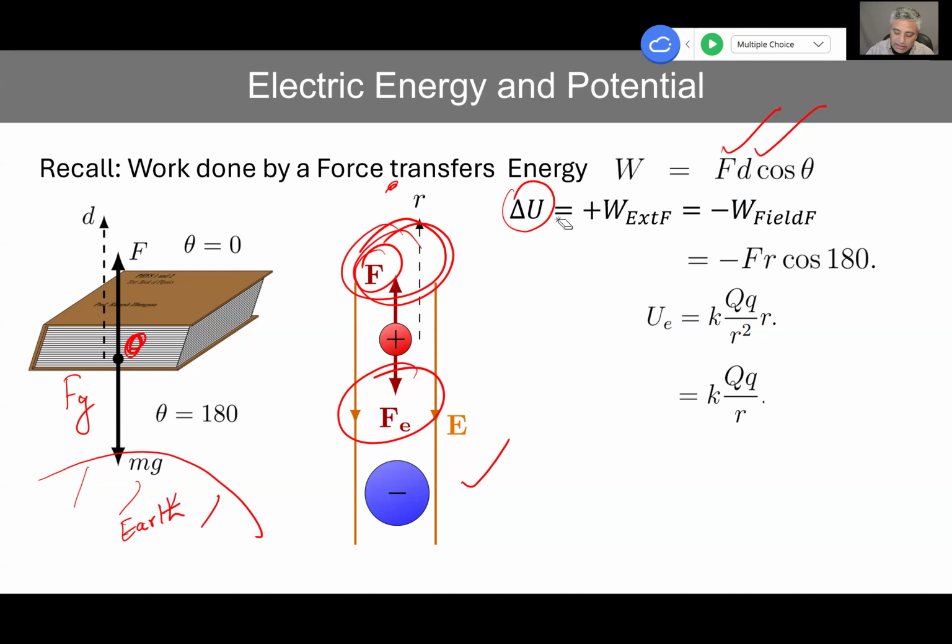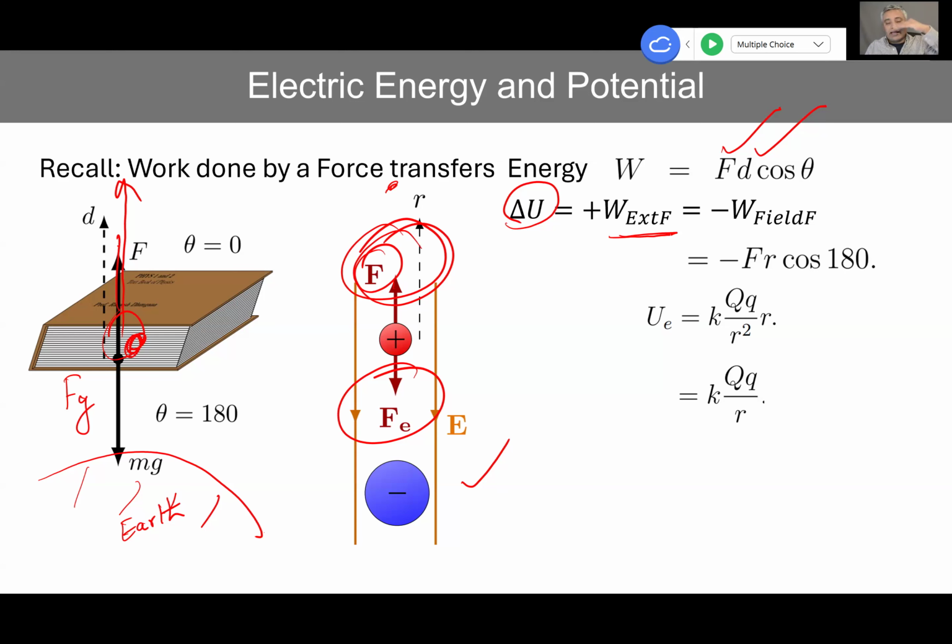So if you want to write change in potential energy, it's going to be equal to the work done by the external force. For example, like we are lifting a book, so we are doing work. We are transferring some of our energy to that book.